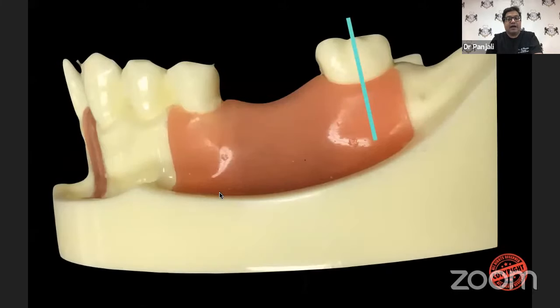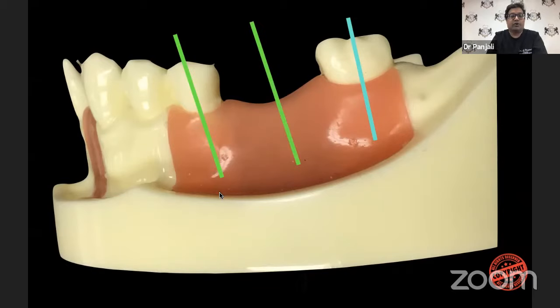The other thing you have to keep in mind when you are doing a single edentulous case is you have one tooth in the posterior and one in the mesial side. Remember that the mesial side has an inclination and the distal side one doesn't. So which one do you follow? Are you going to follow the tooth in the posterior or in the anterior? So this is what happens.